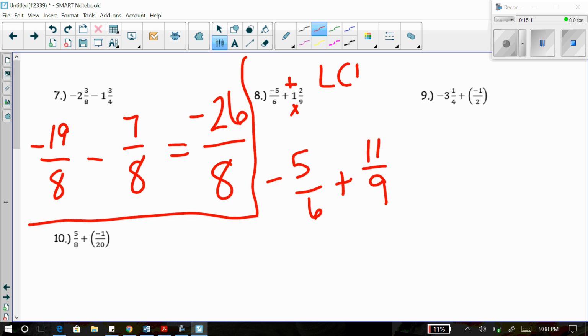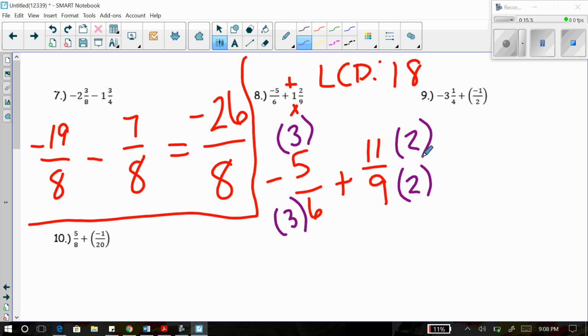Find the LCD, so the smallest number they both go into is 18. Let's rewrite it. Well, 6 times 3 is 18, so top and bottom get multiplied by 3. Here, 2 times 9 gives me 18, so top and bottom by 2.